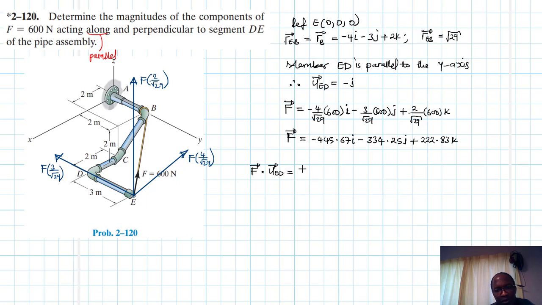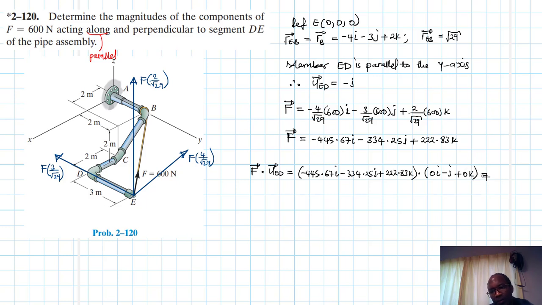So this is just going to be equal to minus 445.67 i, then minus 334.25 j, then plus 22.83 k, then dot 0 i minus j plus 0 k.